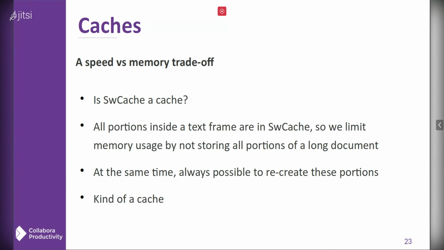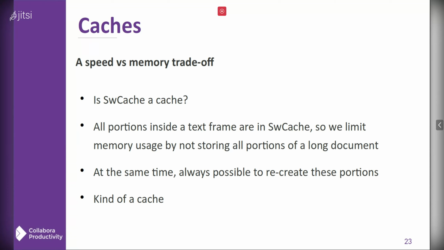And if you have a document with hundreds of pages and you scroll up and down a lot, then the least recently used parts of this portion container will just get deleted. And so it's kind of a cache because we just delete the information which looks like the least useful.